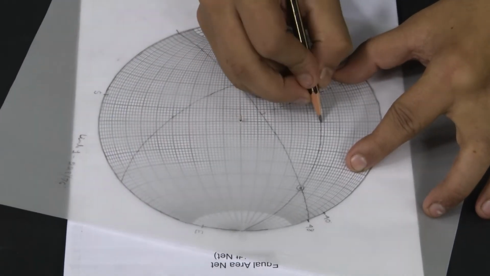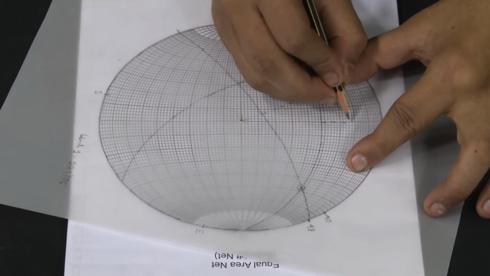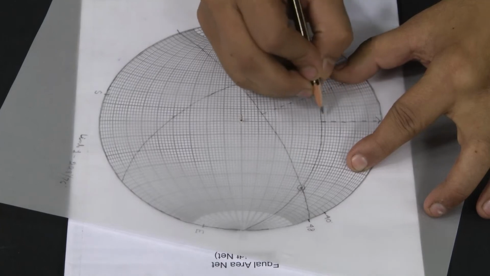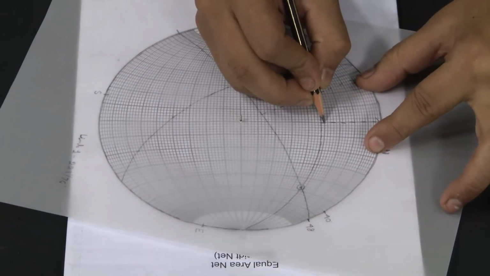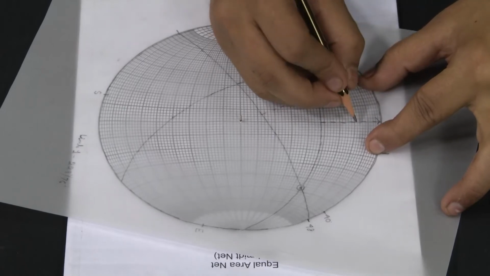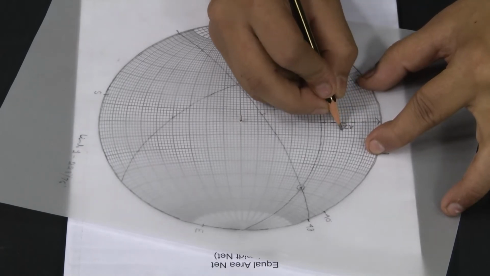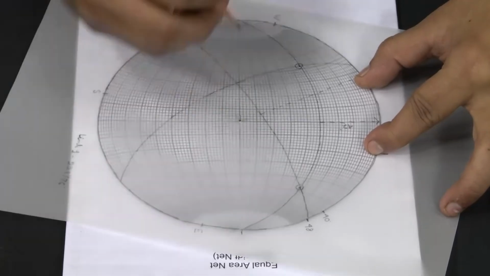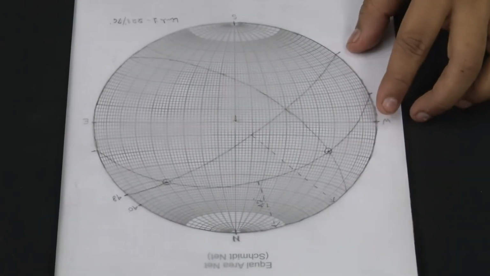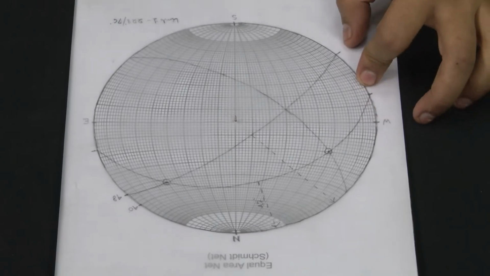And we will also mark the dip. So, the dip comes out to be 2, 12, 22, 32, 42. So, the value of dip is 42, and we mark these two ends of the strike and rotate the tracing paper to the original position.